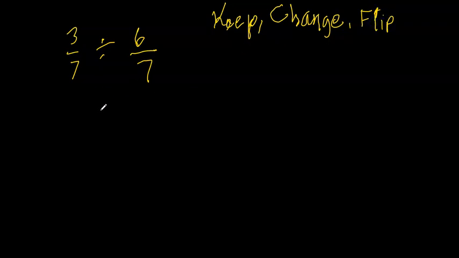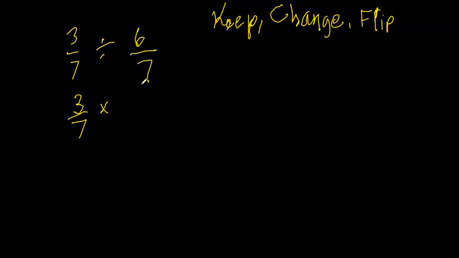So basically what you do is you keep the first fraction, right? So 3 over 7, you do nothing to it. And then you change the operator, which is a division, to multiplication, right? So you use the opposite of the operator. So it becomes multiplication, and then you flip the second fraction.